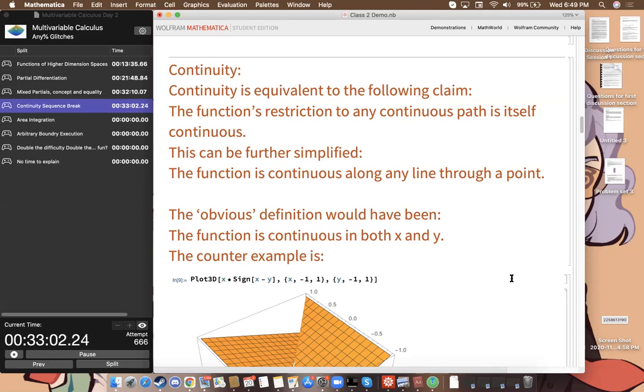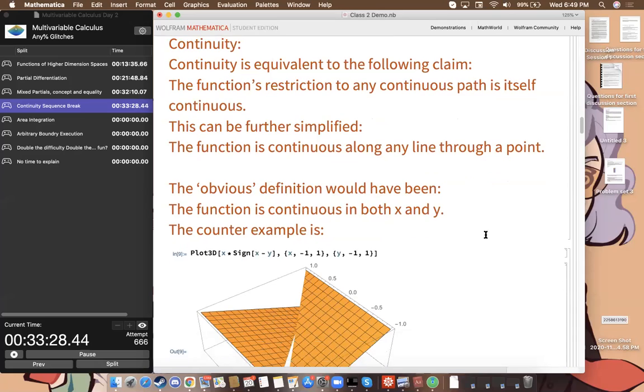So the idea is a function's continuous if no matter how you trace your way through the function, you're continuous. Whatever arc you choose to take through your function, when you restrict it to one dimension by taking those parametric lines through it, like we saw those planar cuts, then we get continuous functions whenever we do one of those restrictions.